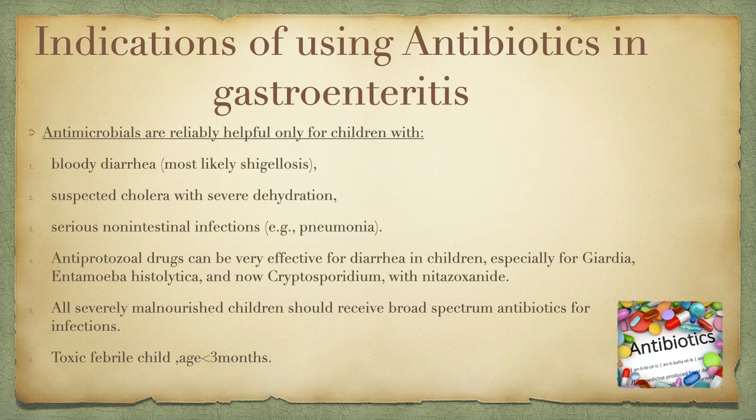We use an antiprotozoal drug, which can be very effective for diarrhea in children, especially for giardia or Entamoeba histolytica. Antibiotics are used for all severely malnourished children; they should receive broad spectrum antibiotics. Also for a toxic febrile child and for those whose age is less than 3 months.